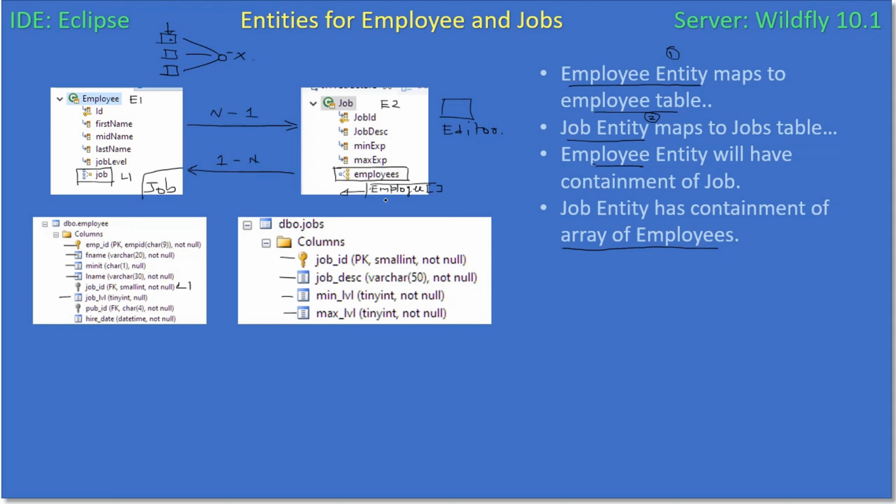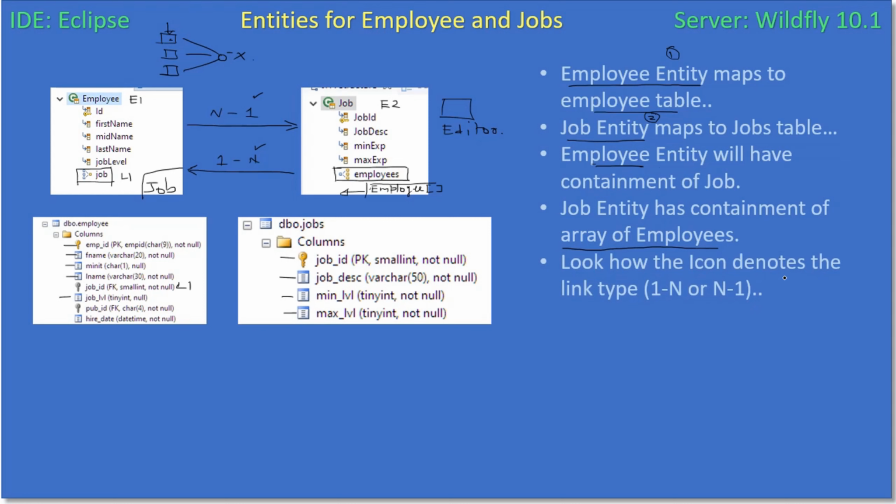So from here, one job title maps to many employees. Here many employees map to a single job. So the target here is n. That's why here we are having an array, and here we are having a single job as a containment. Here is the array of employee in the job entity.